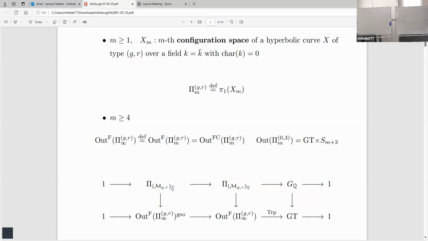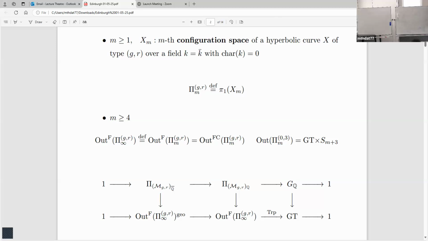Okay, and so as I said, the natural question is to compare these two exact sequences. The issue of comparing GQ to GT has appeared several times, and one knows about this. Here, for example, the injectivity of the left vertical map is closely related to the congruence subgroup problem for the mapping class group.